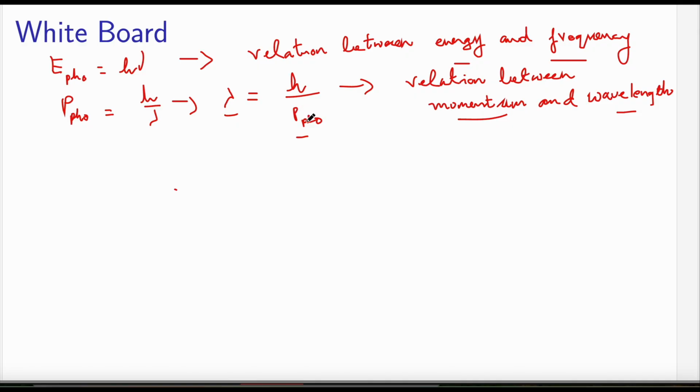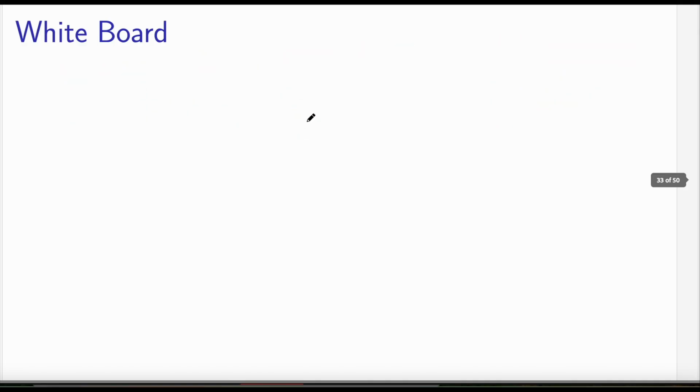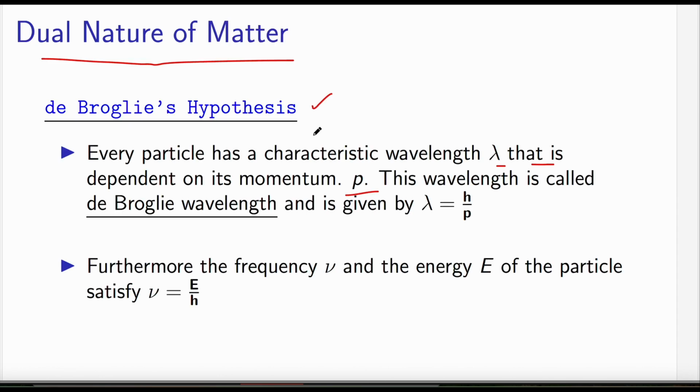What de Broglie hypothesized was that every particle has a characteristic wavelength that depends on its momentum p. This wavelength is called the de Broglie wavelength and is given by lambda is equal to h by p.